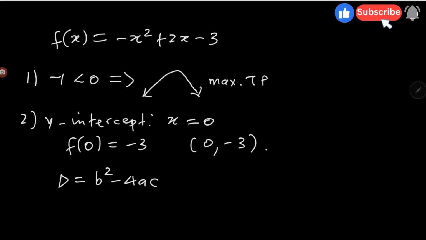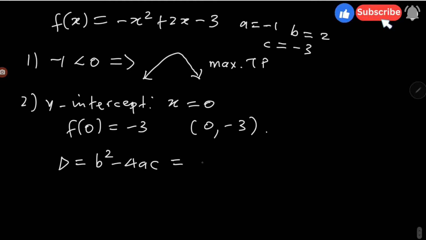So let's see the case with this one. In this case, we have a as negative 1, b as 2, and c as negative 3. So if we compute this, we're going to have b squared, which is 2 squared, which is 4, minus 4 times a is negative 1, c is negative 3.